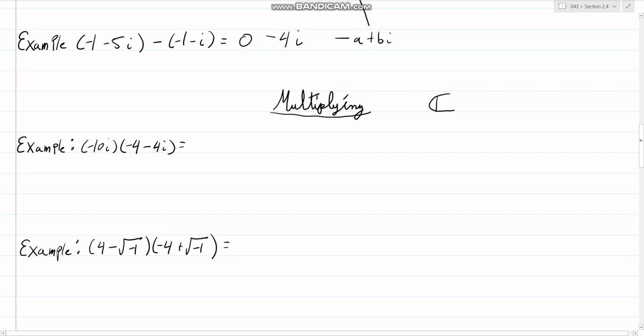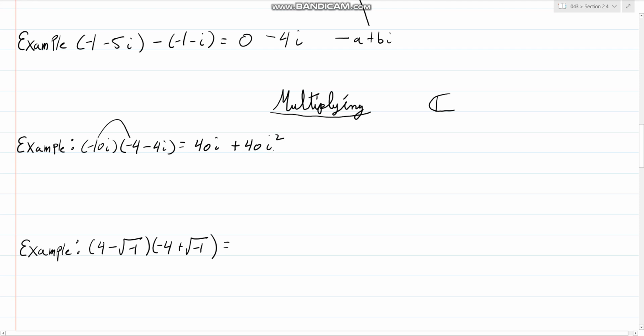So multiplying these numbers. It is essentially the exact same as we did before with variables, except when you multiply i against itself. So I want to show you this example. So -10i times -4 would be positive 40i. So that's really the same as if it was an x. And then -10 times -4i. So it's -10i. So this would be positive 40i squared.